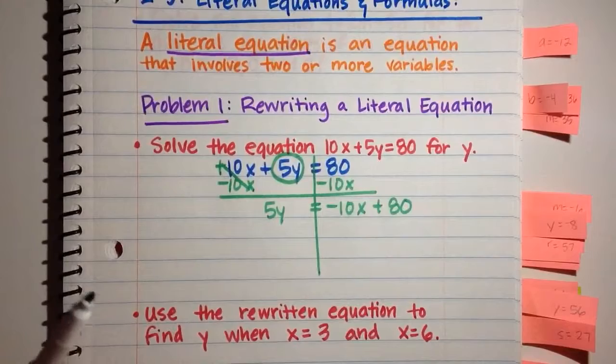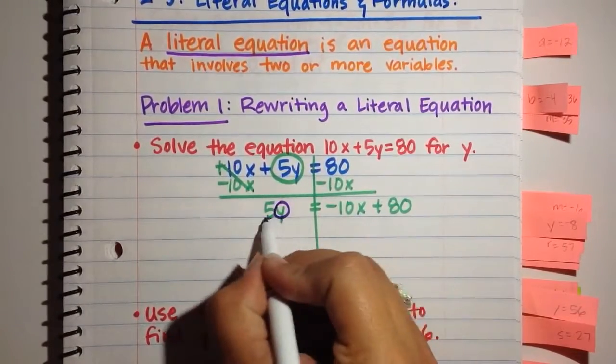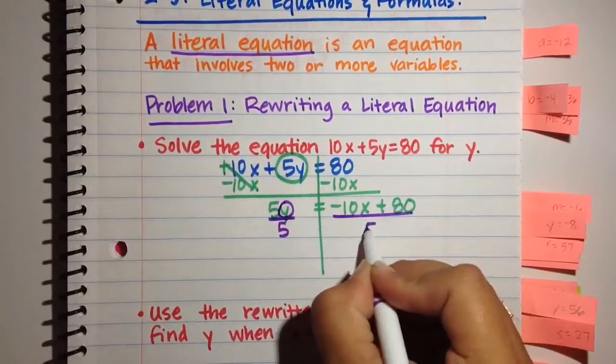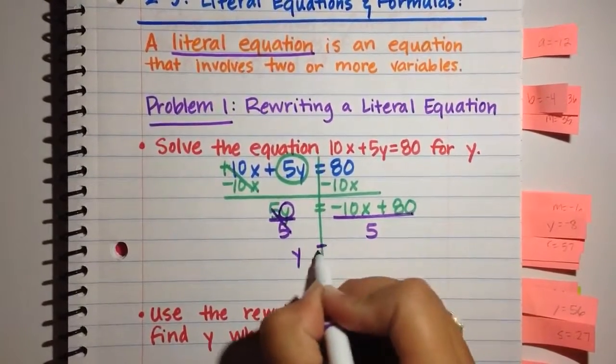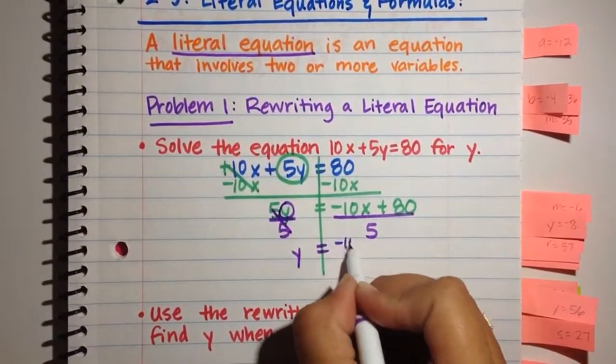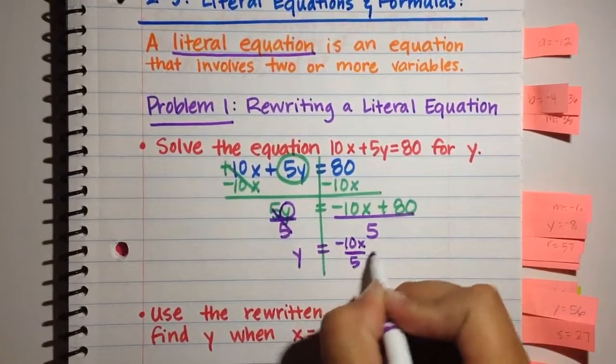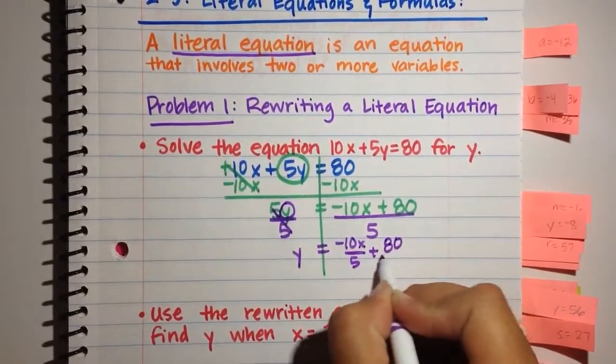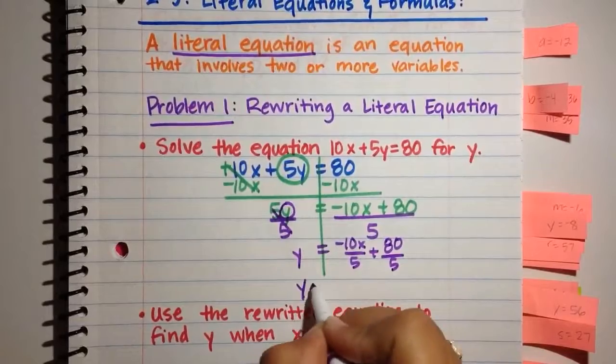Alright, we're trying to solve for y, so what's happening to y here? Y is being multiplied by 5, so we're going to divide by 5. And y is equal to negative 10x over 5 plus 80 over 5.